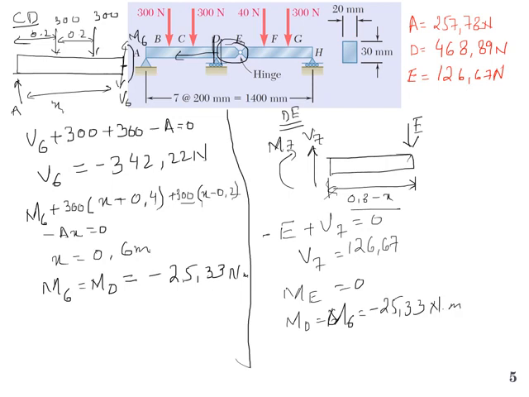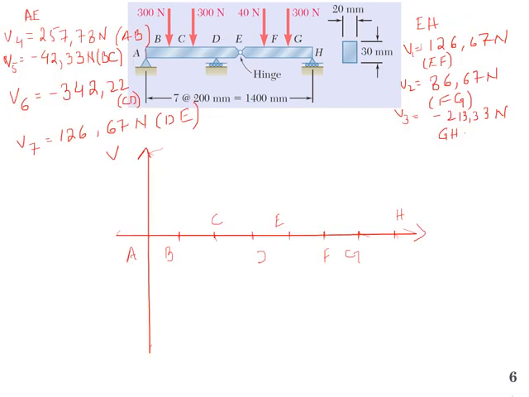Now we know the moment and shear force at all the sections, and let's draw the shear force and bending moment diagram for this problem. We have already noted that for segment EF, V1 is 126.67. It's constant between this segment. Then V2 we calculated, and it's constant between FG, and we also calculated V3, and it's constant between segment GH.